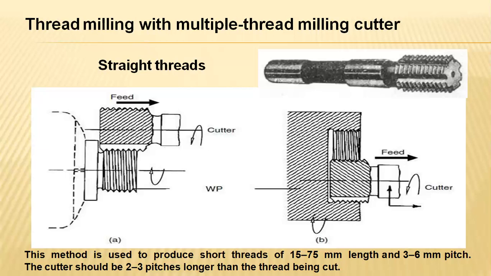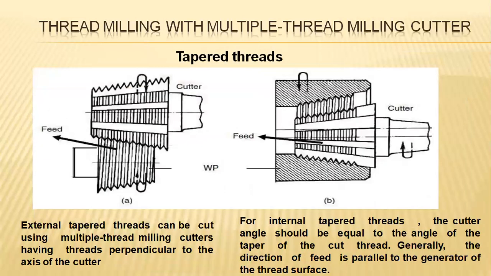Normally, in this particular method, the shortest threads, which have 15 to 75 millimeters length, that too with 3 to 6 pitch, and by the cutter 2 to 3 pitches longer than the thread being cut during the machining process, is considered possible for getting high precision during the machining process.